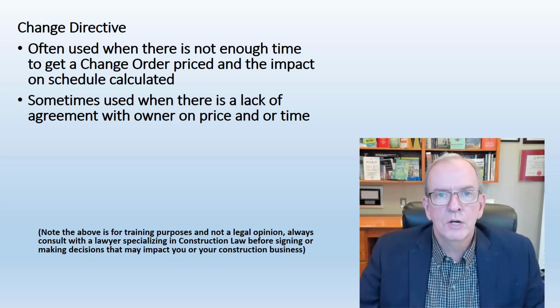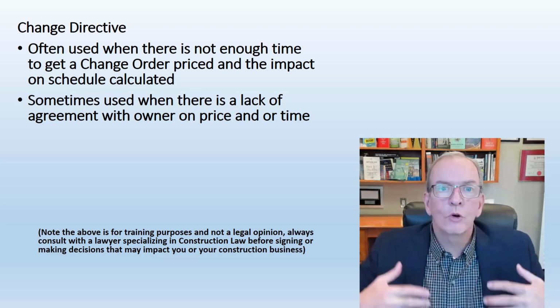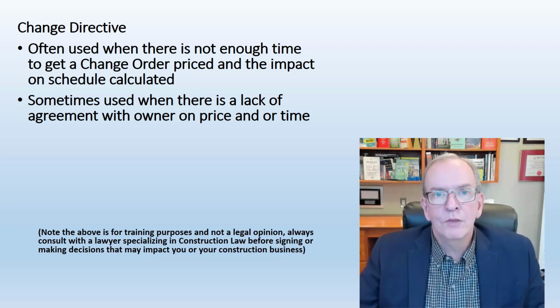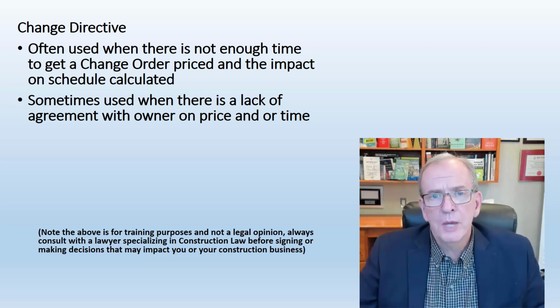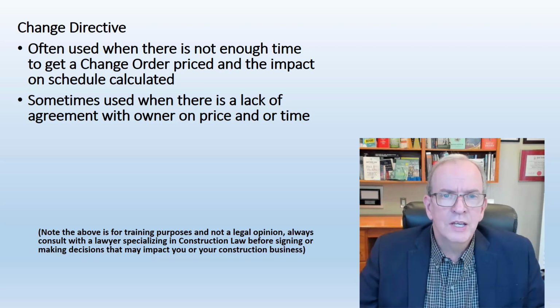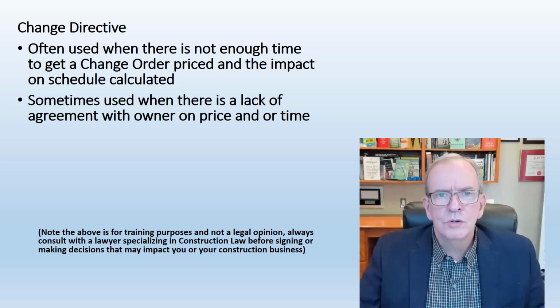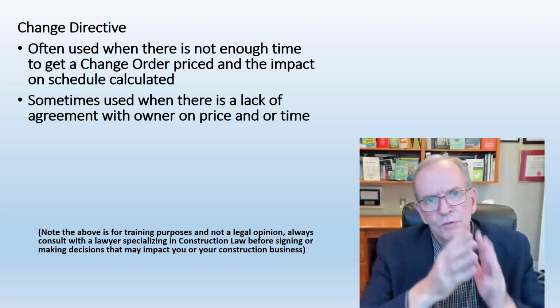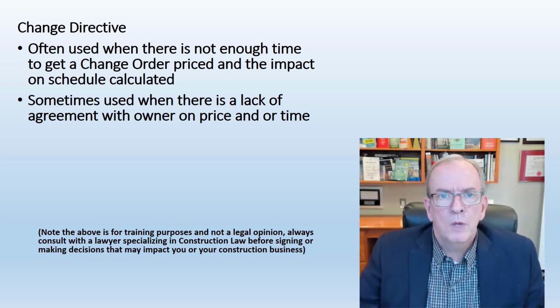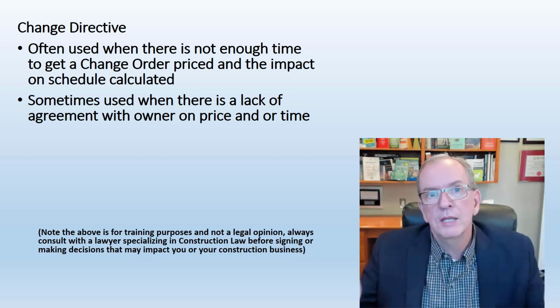So a change order comes in those cases, but often we need to get the work done very quickly and we don't have time to fully price it out. In those cases we have to come up with a costing and figure out the impact of this on the schedule, and perhaps insert a fragmented network into the schedule to see its impact. A change directive is a tool to make sure that the work is continuing on. Otherwise, it could delay the project.